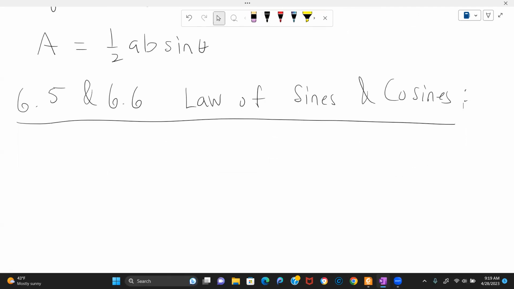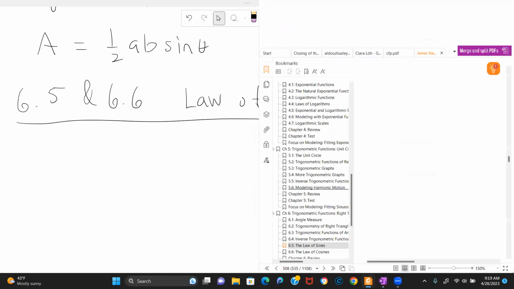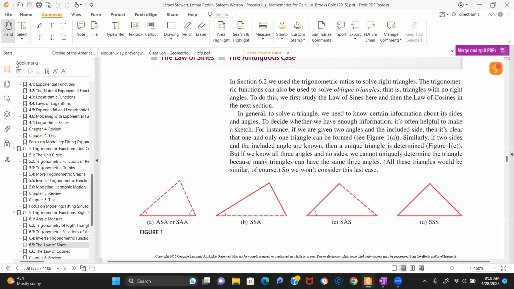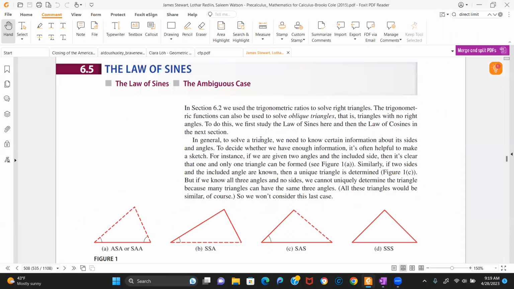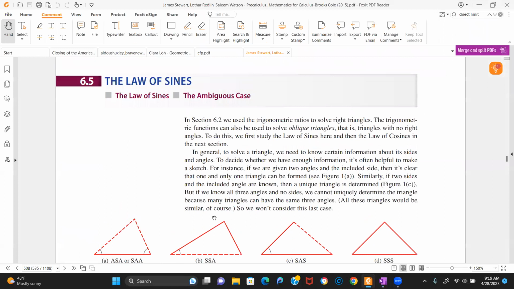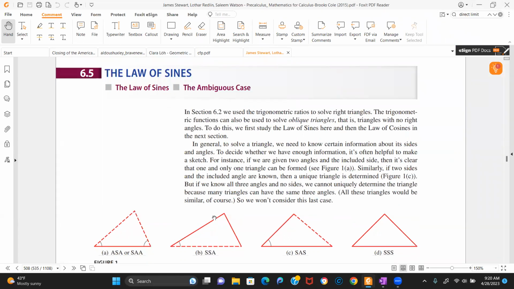And there's going to be multiple cases, so I'm going to pull the book up here for a moment. Depending on which case you're in, you're going to need the law of sines or the cosines. One's going to be more helpful. I think that the law of cosines actually always works. Don't quote me, it's been a while since I taught this, so I don't remember all the details. I think law of cosines always works, but law of sines is a bit easier to work with. So if you can use the law of sines, use it.